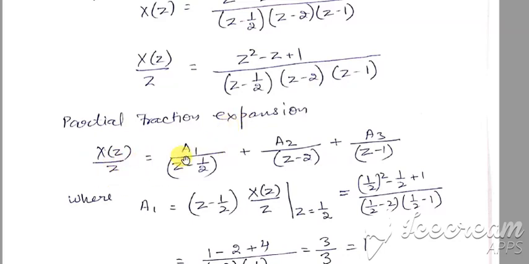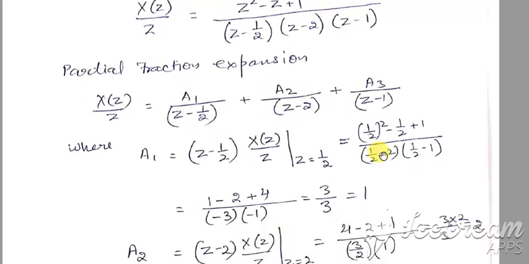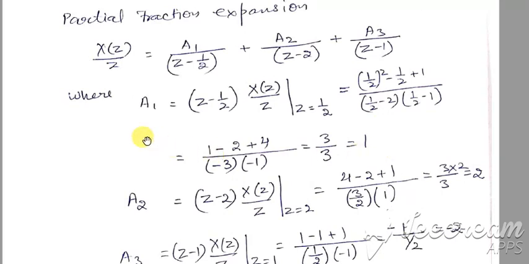For that we have written A1 upon Z minus 1 by 2 plus A2 upon Z minus 2 plus A3 upon Z minus 1. Now we will find out the value of A1, A2 and A3. Now to find the value of A1, we will find it like this.